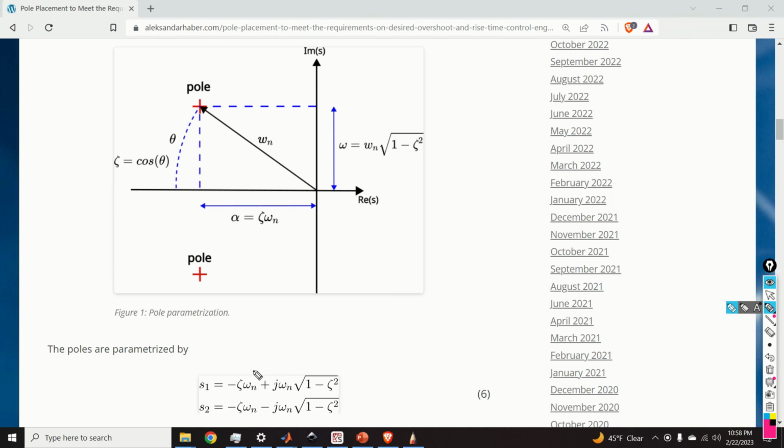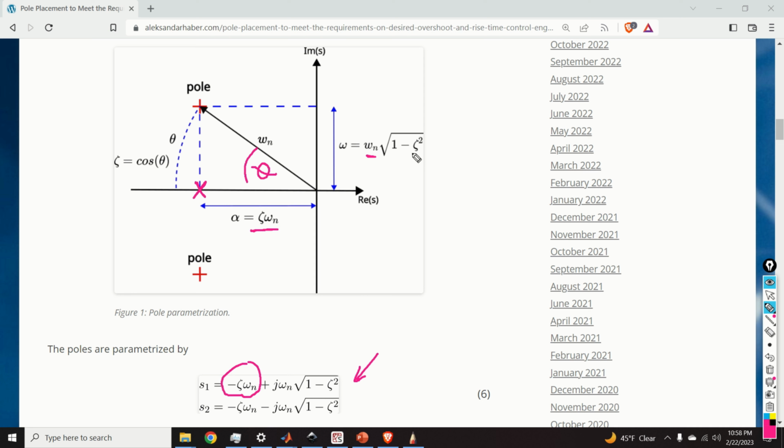So we can parameterize the poles as follows. This is the real part, it's equal to zeta times omega n, or omega n times cosine of this angle. And the imaginary part is equal to omega n times sine of theta, and sine of theta can be expressed as square root of 1 minus cosine squared of theta, and cosine of theta is equal to zeta.